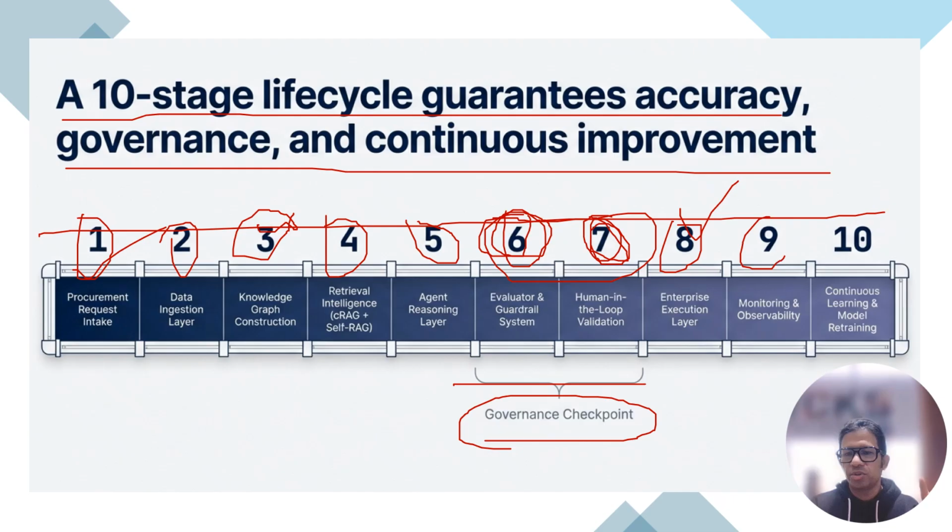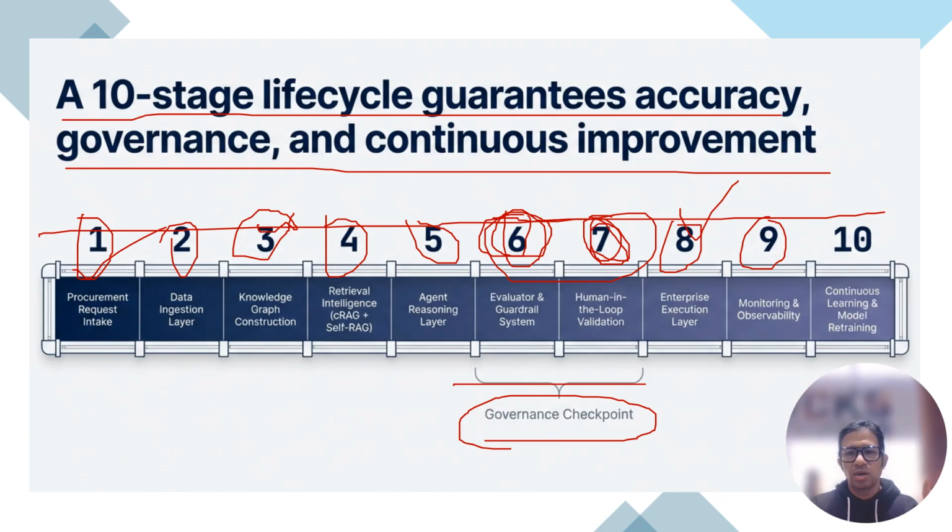Now moves to stage 9. This is the monitoring and observability stage. We track system latency, cost, success rate, decision quality, and business KPIs, like cycle time and savings. Business KPIs like cycle time and savings, all we need to consider.